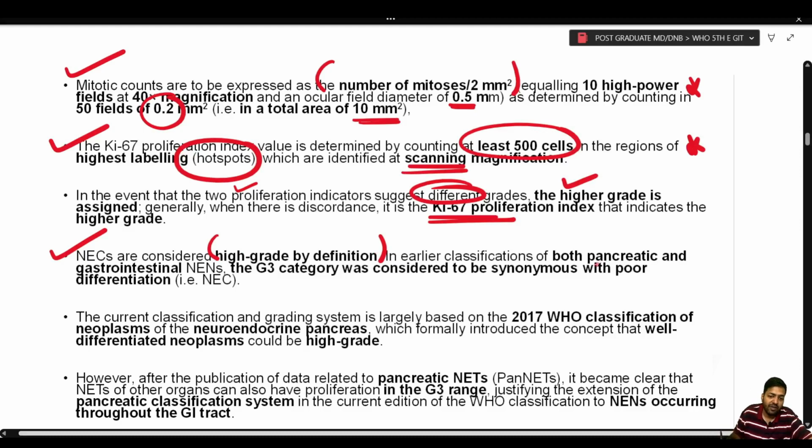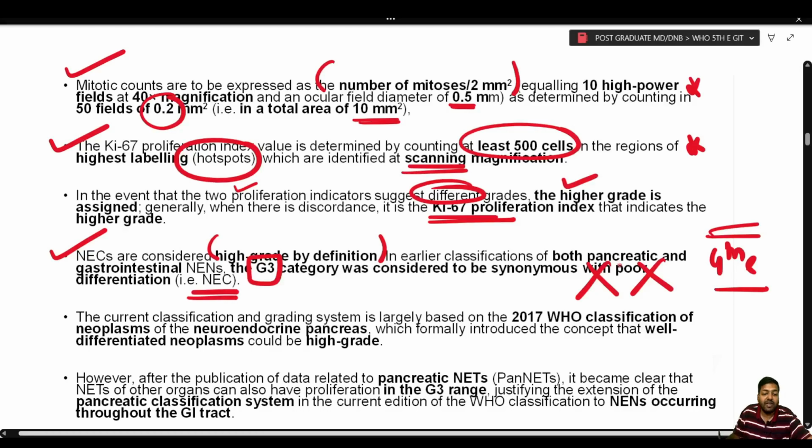In earlier classifications of both pancreatic and gastrointestinal neuroendocrine neoplasms, the grade 3 category was considered the same as the neuroendocrine carcinoma, or as the poorly differentiated neuroendocrine tumor. Always remember this point. This was in the 4th edition, but in the latest edition, this is not accepted.